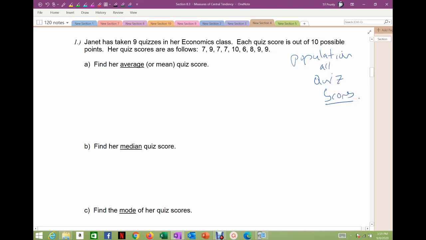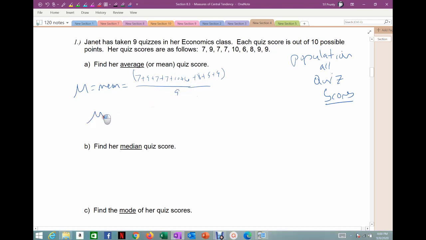Right? Population. And so we want to find her average, her mean quiz score. Well, for population, we want to find the mean, which is the average. And so we add up all of our quiz scores and divide by 9, right? So we would take 7 plus 9 plus 7 plus 7 plus 10 plus 6 plus 8 plus 9. And the biggest thing is make sure you don't miss anybody.